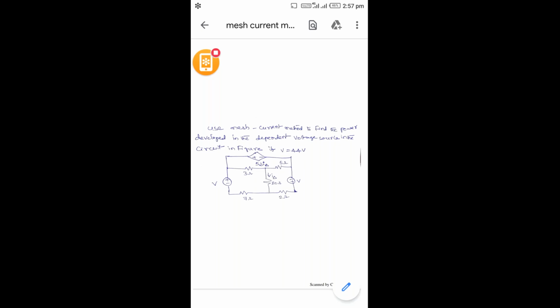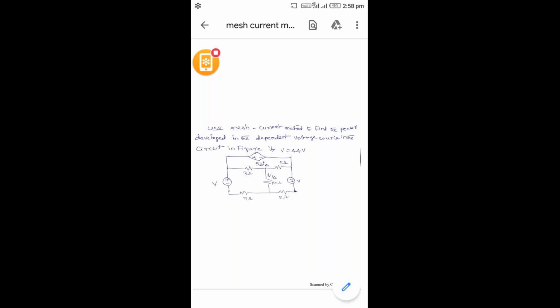So from the dependent source, the voltage controlled current source, you have to take it from the below circuit, and from this circuit apply the mesh current method, that is KVL or loop analysis.